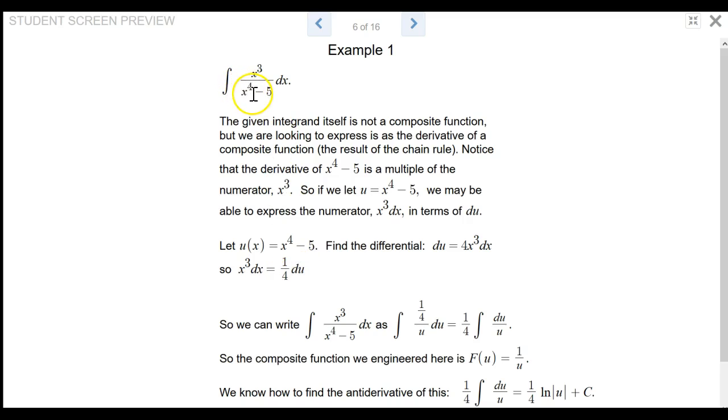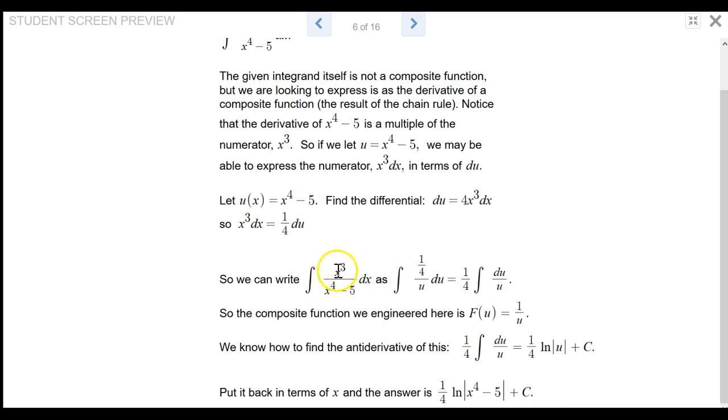And then I can replace x to the fourth minus 5 with just u. So this integral simplifies to 1/4 times the integral of du over u. And that we know how to find the antiderivative of.